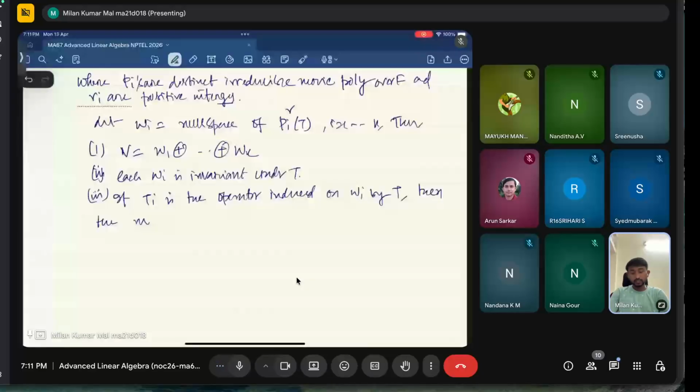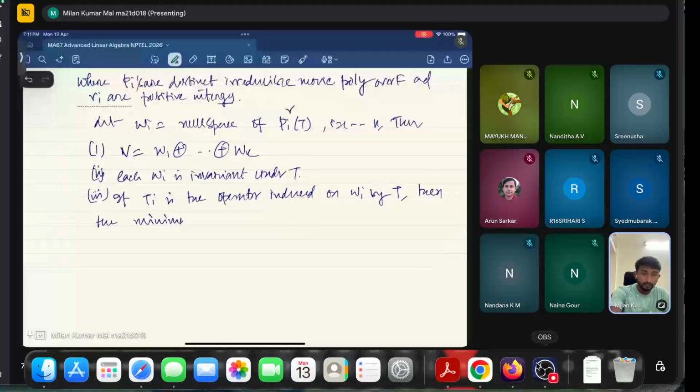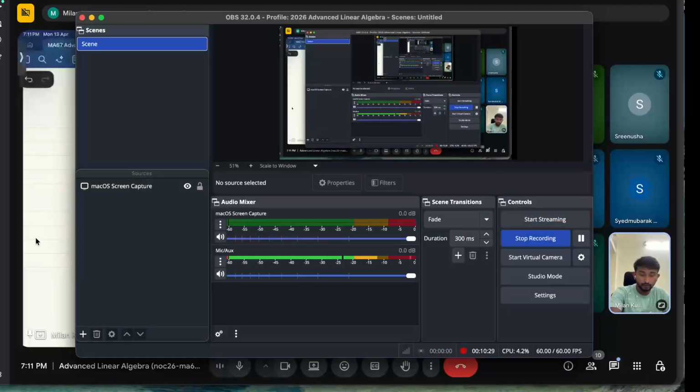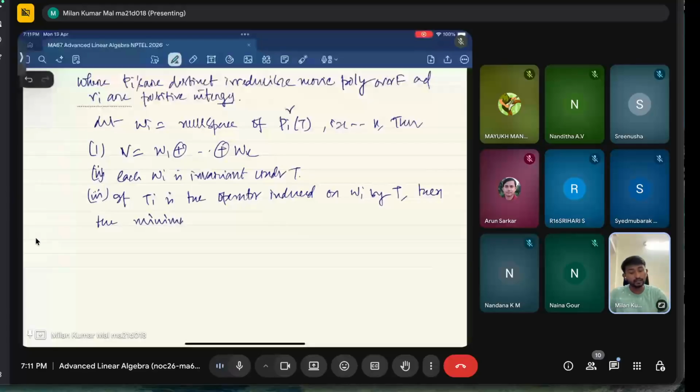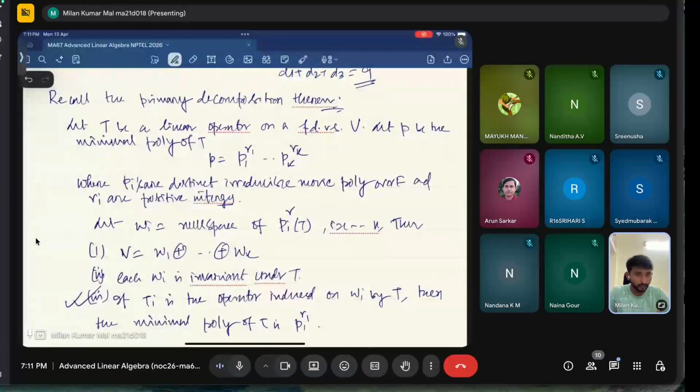So here is the last thing which I will be using for the last three options. So what it says, suppose we have a linear operator T on a finite dimensional vector space V defined over a field F, and let P be the minimal polynomial for the linear operator T, and P is factored like this, where each Pi is irreducible. That means they are not possible to decompose further.